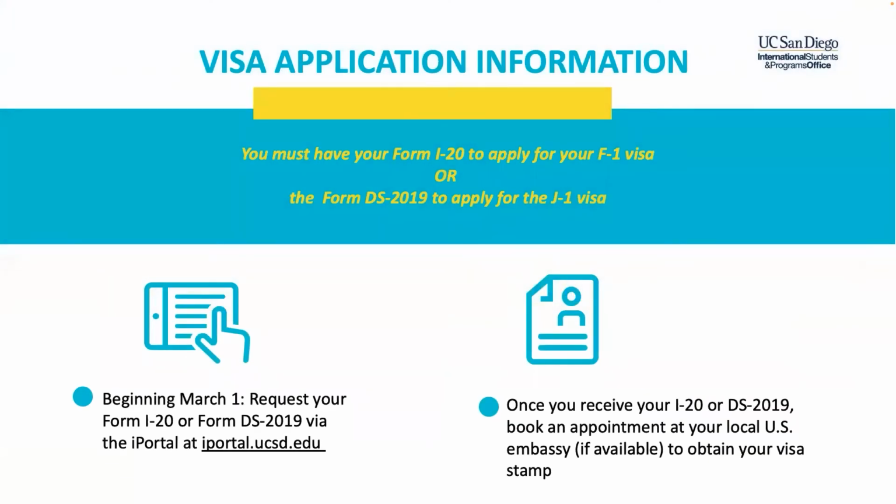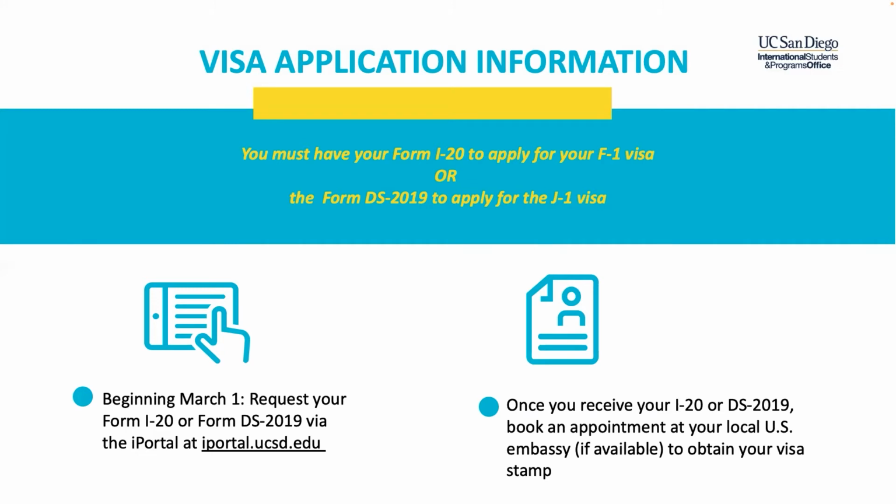So, our visa application information. The first step, before you even get that stamp in your passport to come to the United States, is that you need documents in hand before you apply for that visa stamp. In order to apply for those documents, you have to go to the iPortal, which is ISPO's specific portal for you to request any kind of international student document.